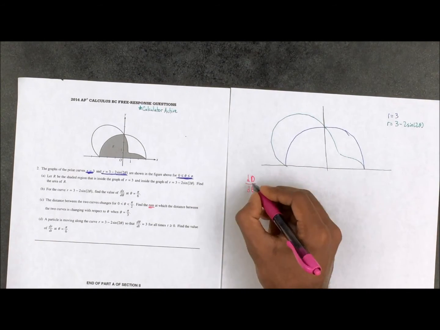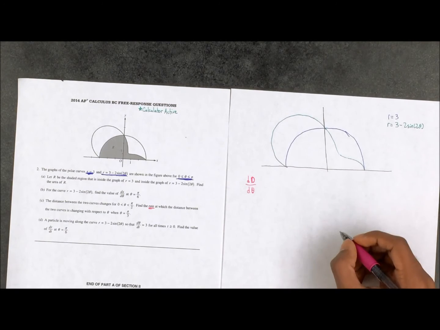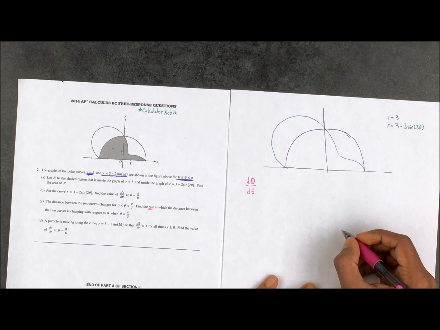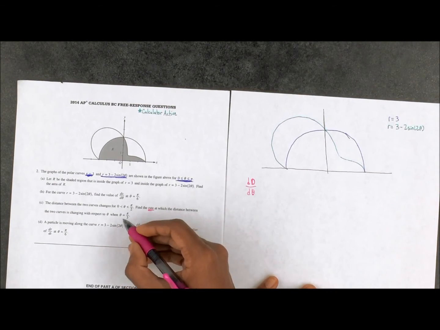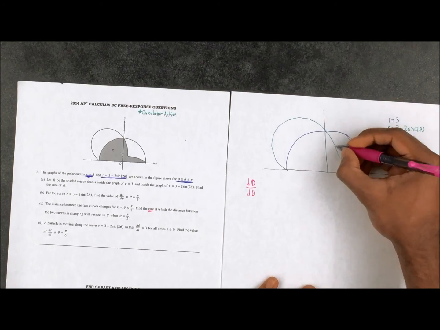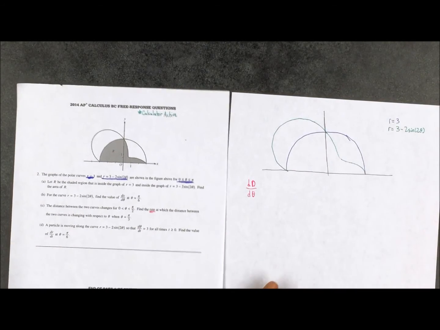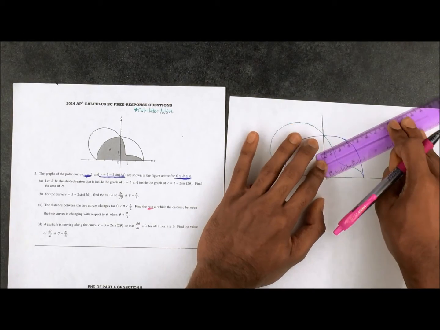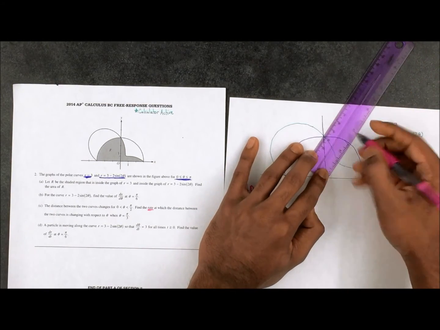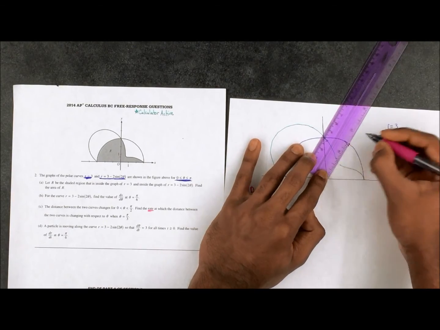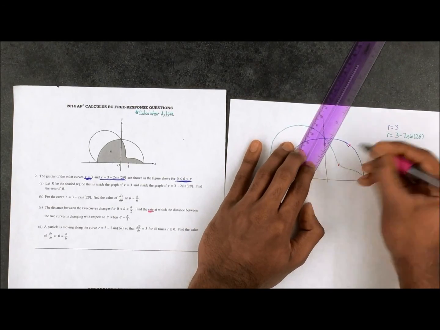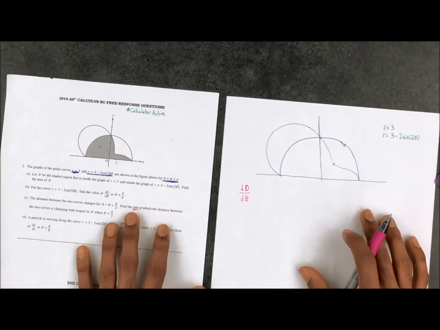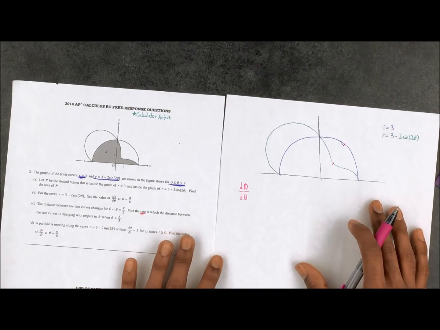In order to find that, first I have to find out what distance is equal to. It's asking me for the distance at pi over 3. Let's say about that right there would be about pi over 3. So that's where my function is at pi over 3, and this is where my other function is at pi over 3. So the distance between the two curves is what I need to be finding here.